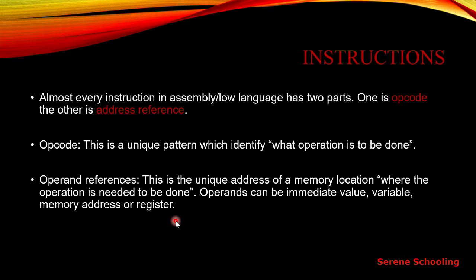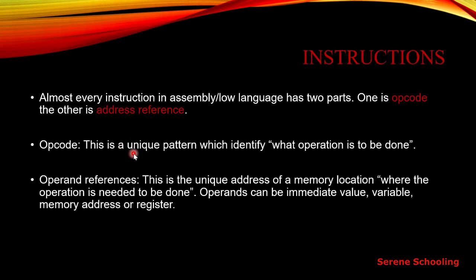And generally, a mnemonic is a symbolic name for a single executable instruction in the assembly language. So if we come over here, you can see that almost every instruction in assembly language has two parts, that is operation code as well as the address reference. So what is opcode?